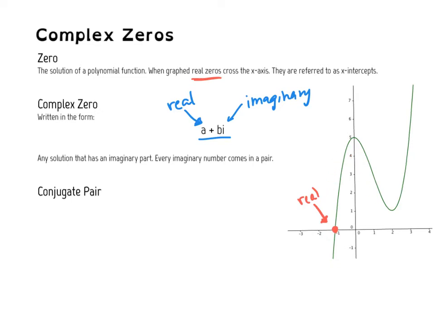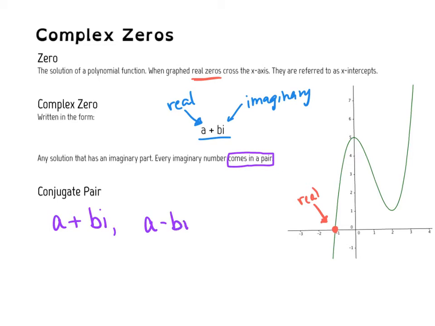And the nice thing about imaginary numbers is that they always come in pairs. An imaginary number will always come in some kind of pair. And because they always come in pairs, we get what's called the conjugate pair for an imaginary number. A conjugate pair just says that if we have the number a plus bi, then its conjugate is the number a minus bi.